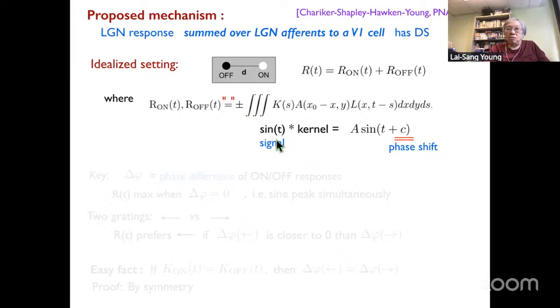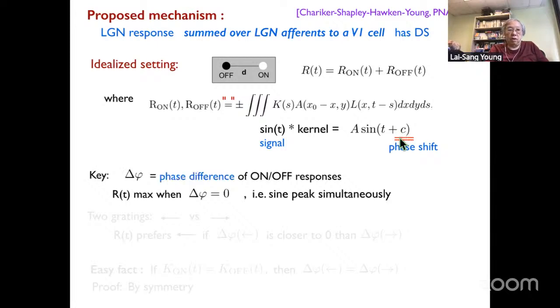If you take a sinusoidal signal, such as these drifting gratings, and convolve it with some kernel, what you get is another sinusoid. In other words, if you give it a sinusoidal signal, the response is another sinusoid, just phase shifted and with a different amplitude. This makes the situation much more controllable. In particular, I just have to focus on this phase shift.